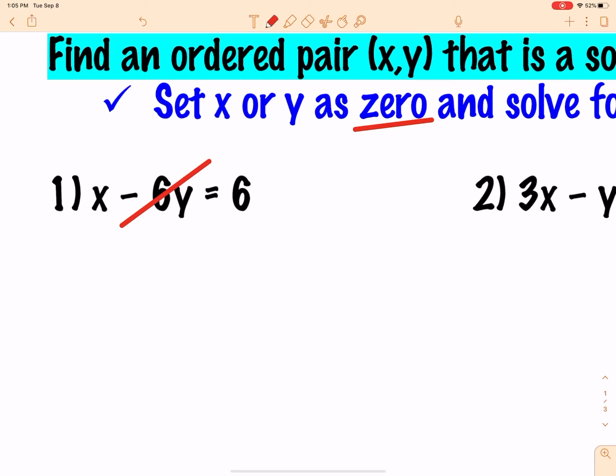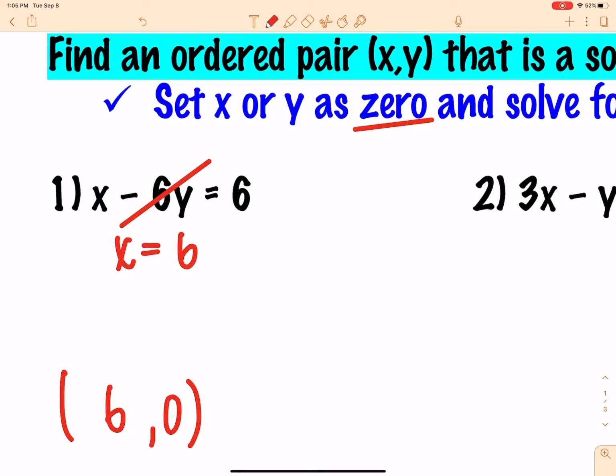So if I just take that out, meaning y is equal to 0, then x is equal to 6. So 6, 0 would solve that problem, hence being a solution to that equation. So 6, 0 is one of a million bajillion answers.